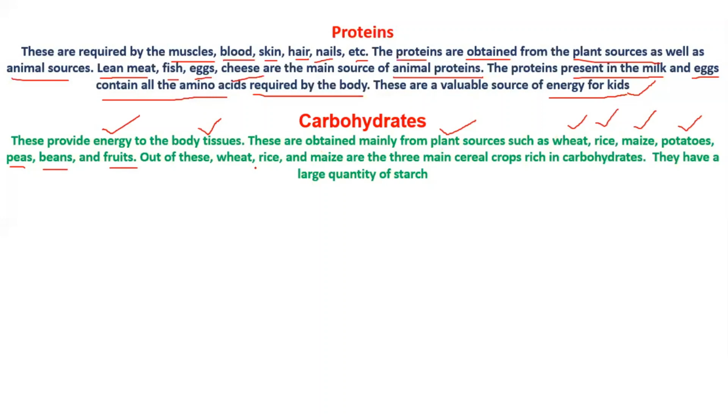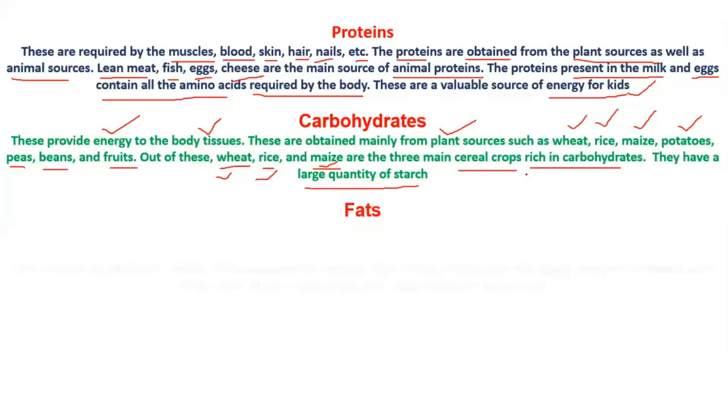Out of these, wheat, rice and maize are the main cereal crops which are rich in carbohydrates. They have a large quantity of starch.